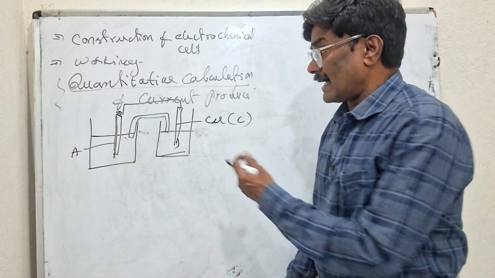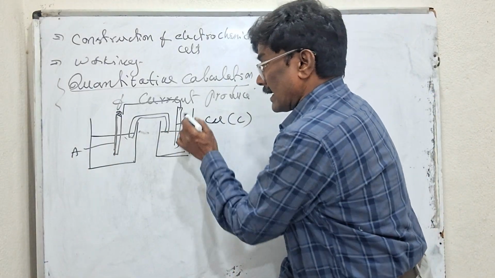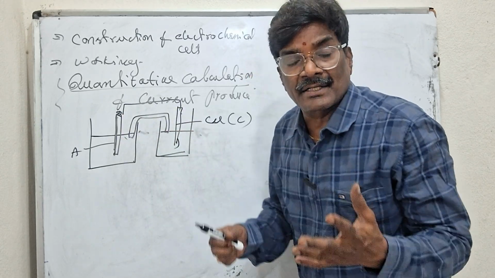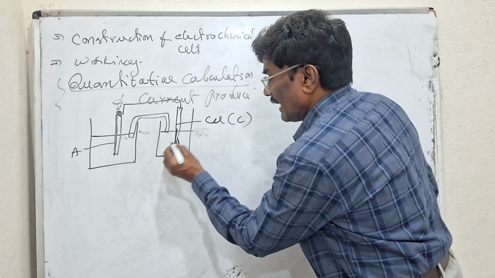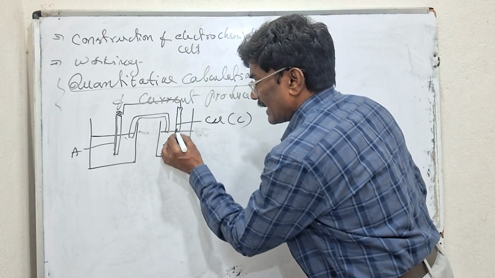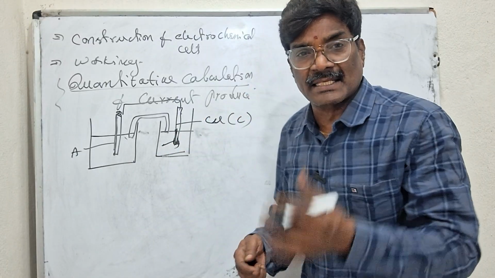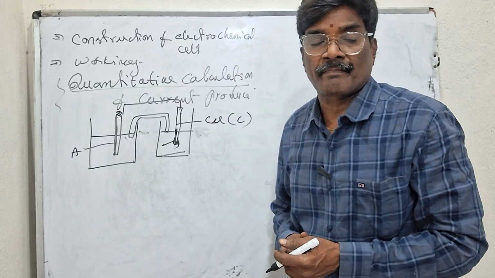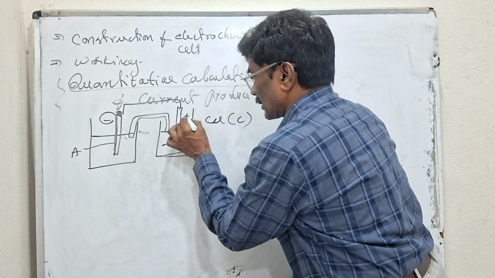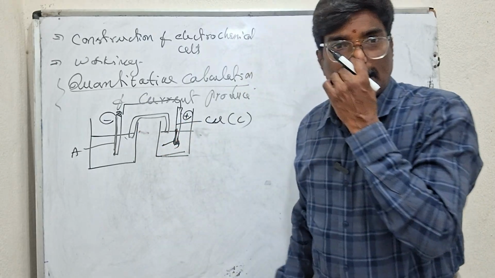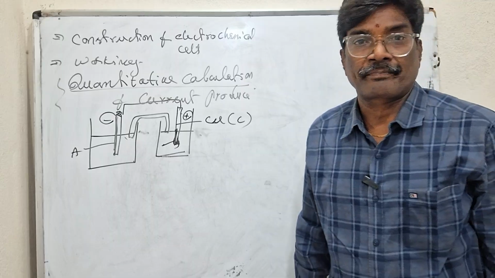Now, how to calculate? We know that every electrode gains some electrode potential between the rod and the solution. The anode gets a negative charge and the cathode gets a positive charge as a result of the chemical reaction.